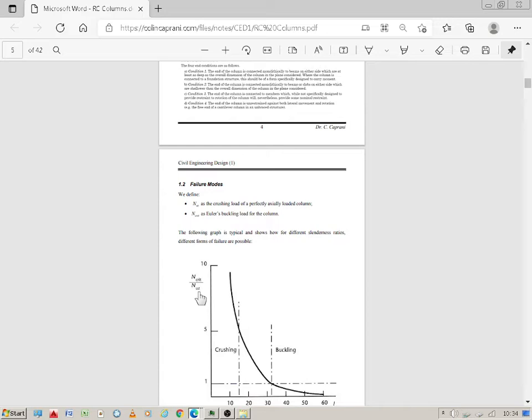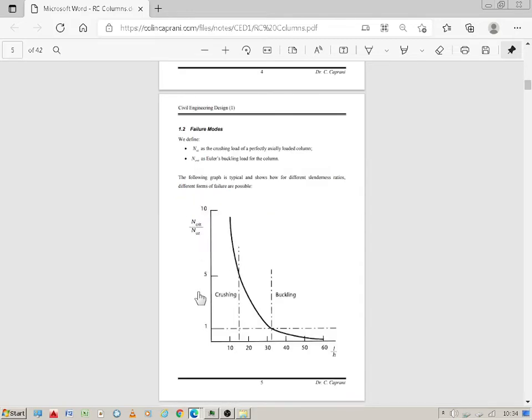So the following graph is typical and shows how for different slenderness ratios different forms of failure are possible. So L over H, basically when N critical, that's the Euler buckling load. Anything where N critical over N_UZ is less than 1, it's crushing.